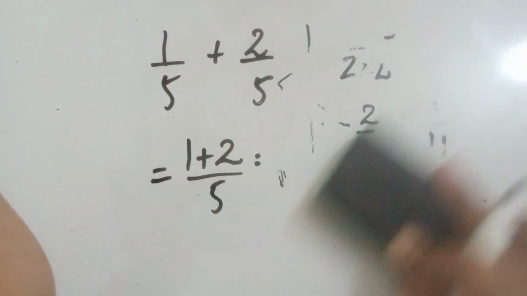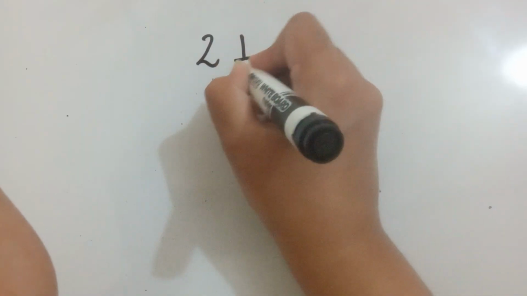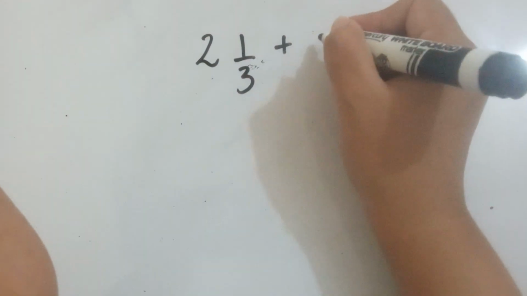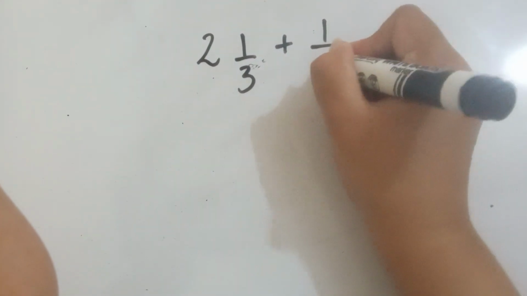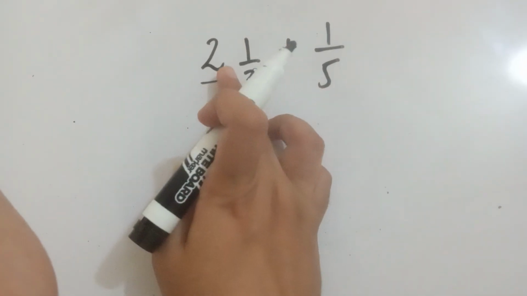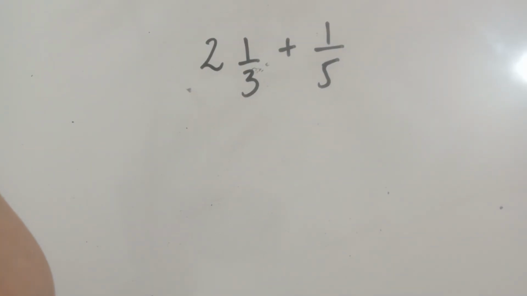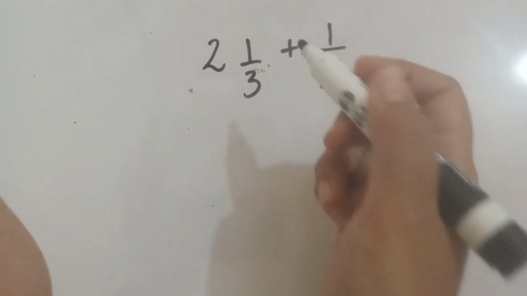Now I have more examples, like 2 whole 1 by 3 plus 1 by 5. Now how can I add them? 2 whole 1 by 3, you know it's a mixed fraction. If you don't know, you can see the shorts or the videos I have uploaded on my channel.